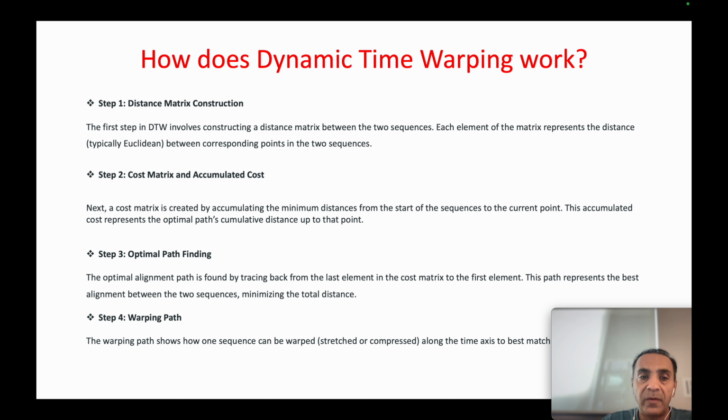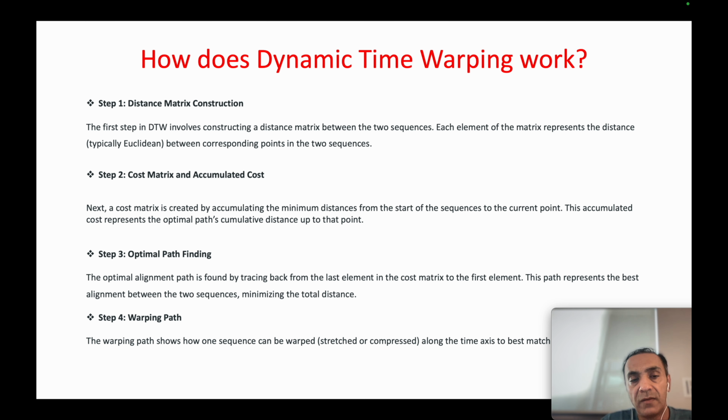The third step is optimal path finding, where the optimal alignment path is found by tracking back from the last element in the cost matrix to the first element. This path represents the best alignment between the two sequences by minimizing the total distance. So that's the optimal path, which minimizes the total distance.